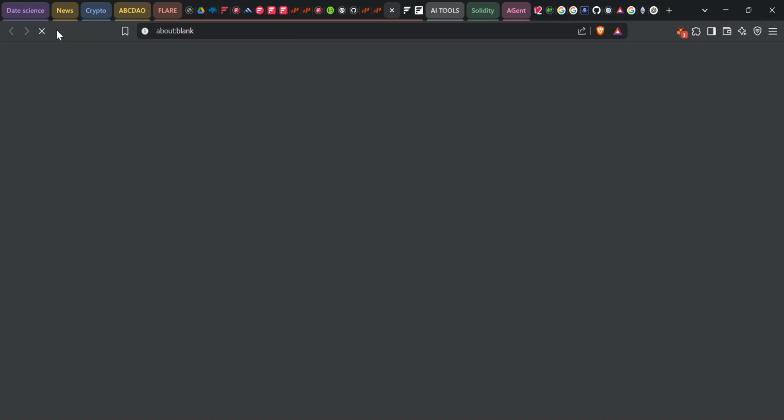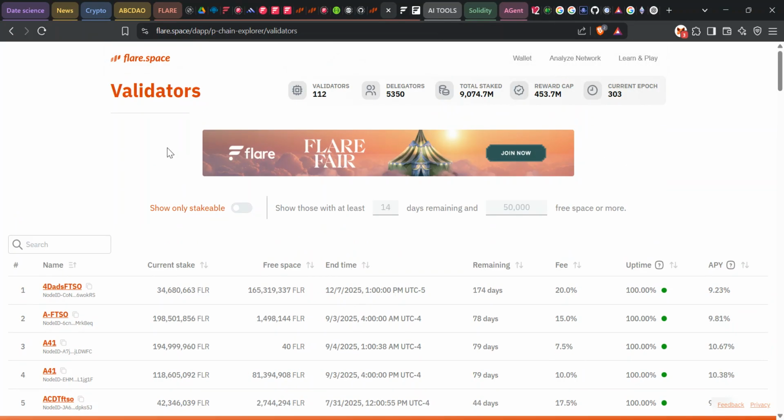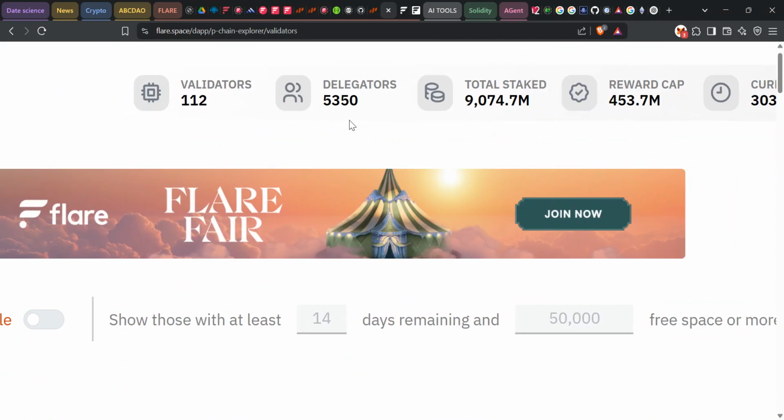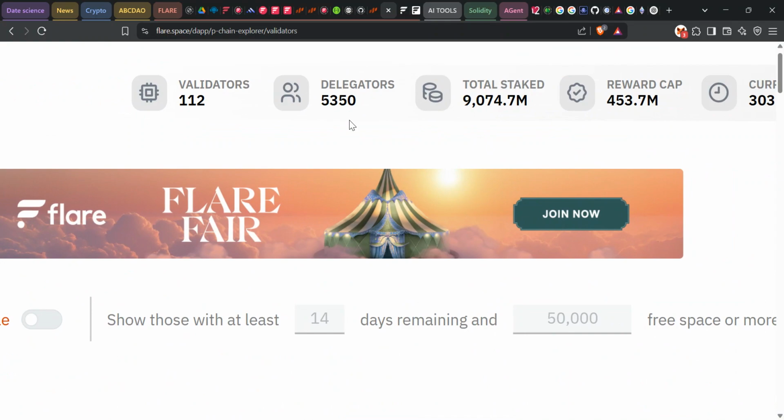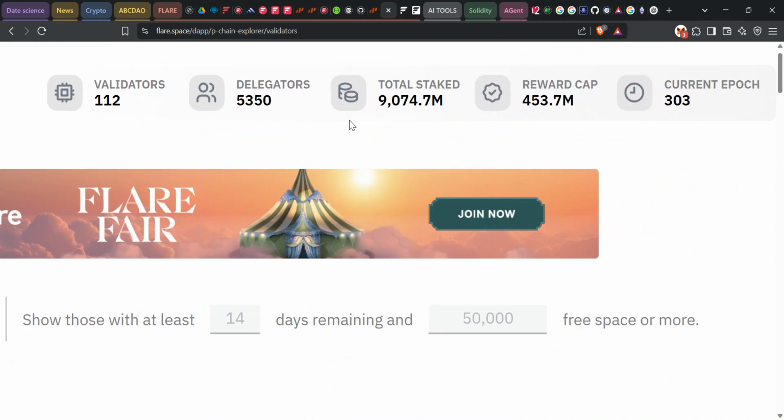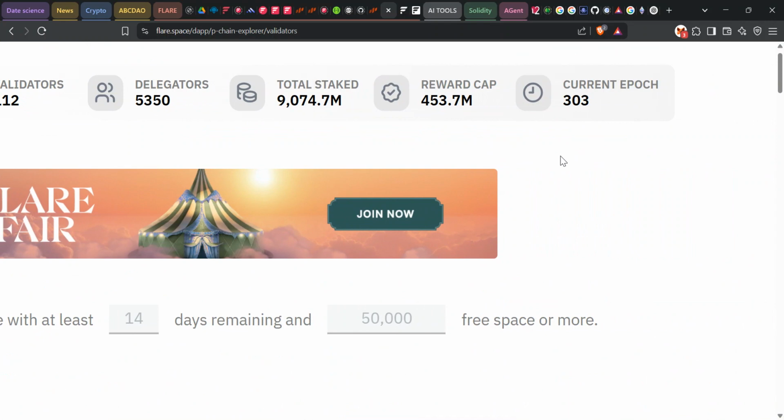Oops, didn't mean to go there. So the P chain validators, you can see there's 112 validators and 5,350 delegators. There's a total of 9.7 million Flare staked. Reward cap, there's 453.7 million Flare being rewarded.